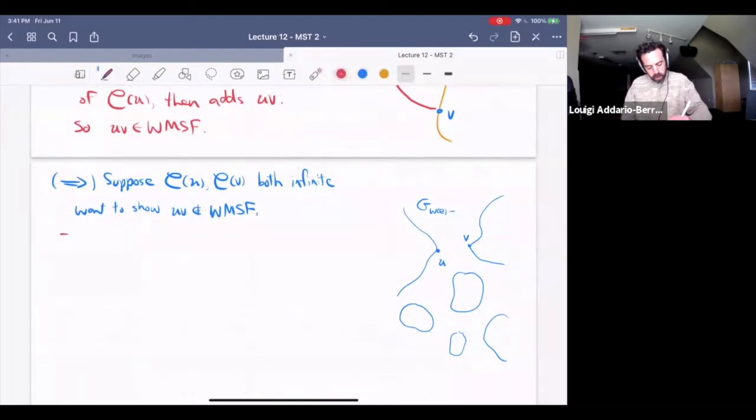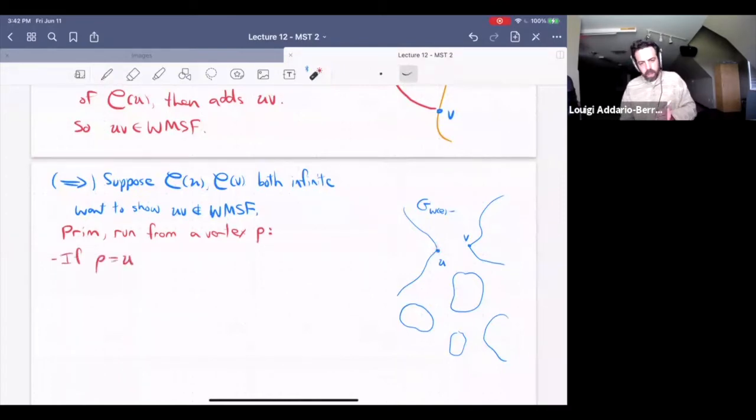So we'll take that in a few steps. So we're looking at Prim run from a vertex rho. Okay, so easy cases are if rho is, if we start from the vertex U, then what do we know?